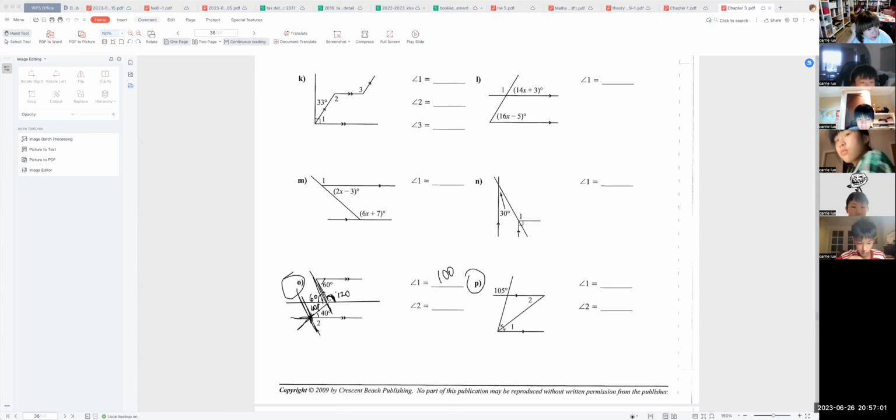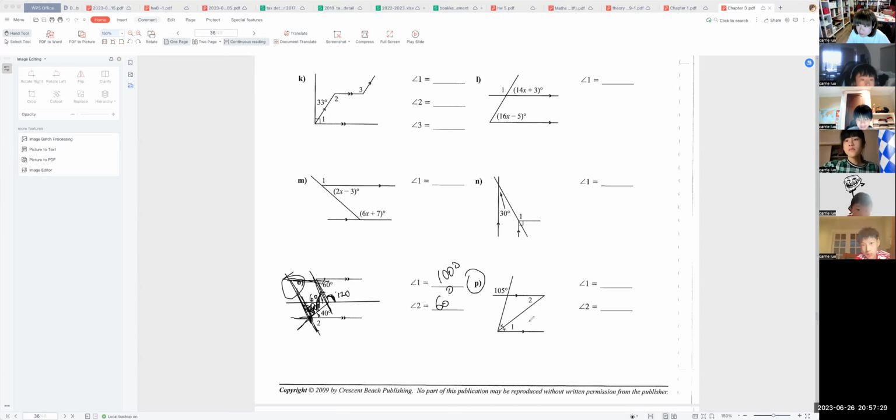This one is 40, so we need to extend like this. This one is 100. These two are the same. This one's 80, so this one's 40. So 80 plus 40 equals 120. So angle 2 is 60. You're right.